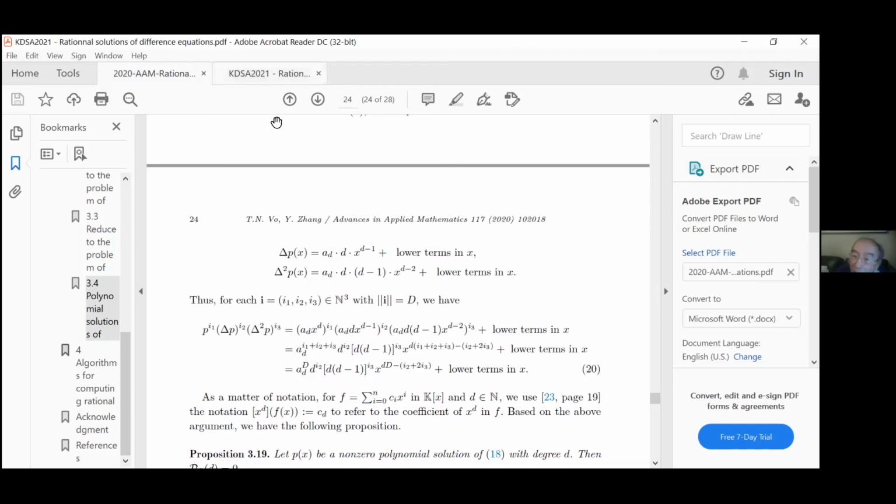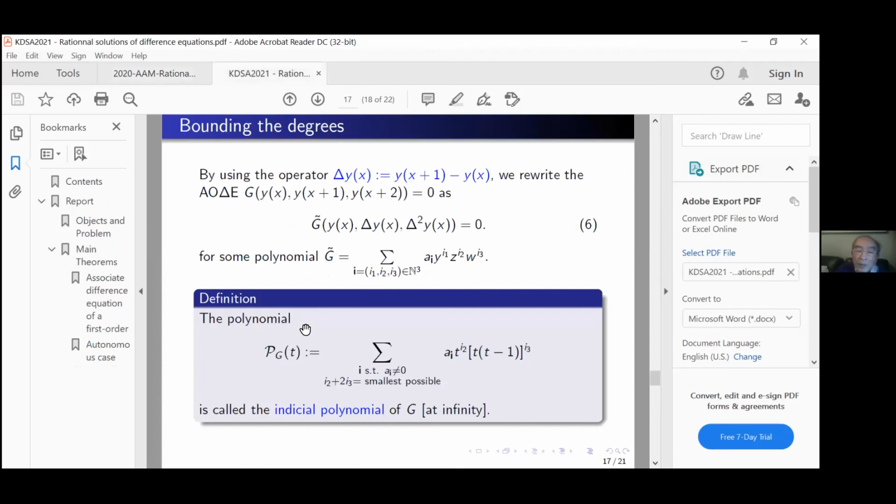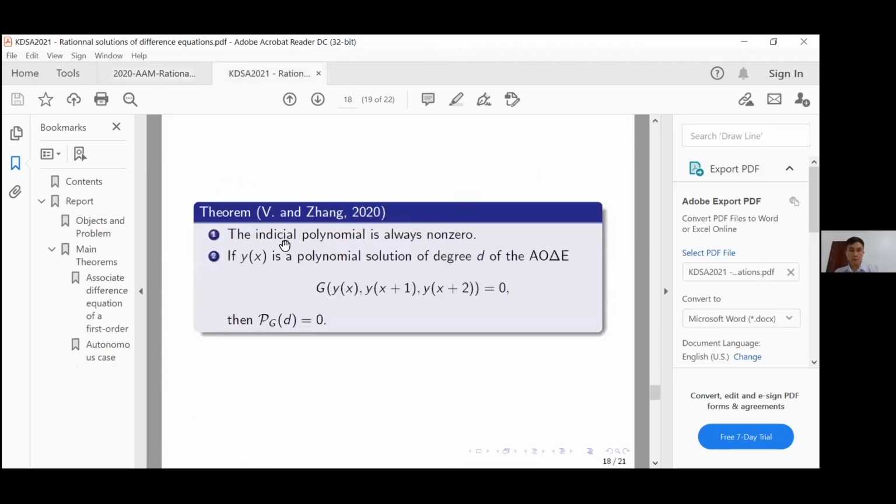In our case, we just restrict ourselves to autonomous first order, then the indicial polynomial is always non-zero.